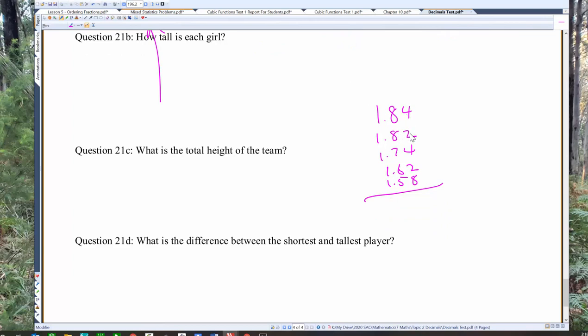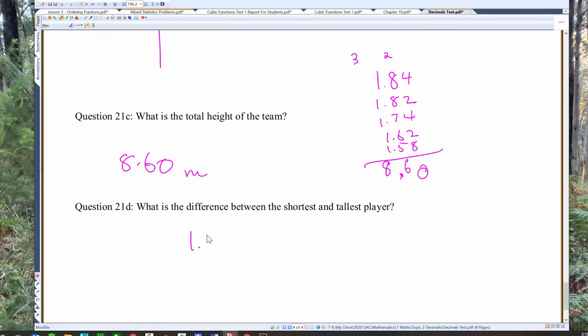This is going to be 6, 10, 12, 0, 2, 11, 18, 26, 34, 36, 6, 3, decimal point. 1, 2, 3, 4, 5. 5 plus 3 is 8. 8.60 meters.